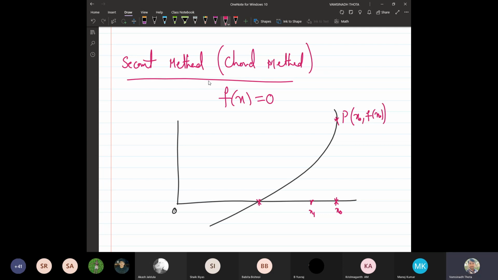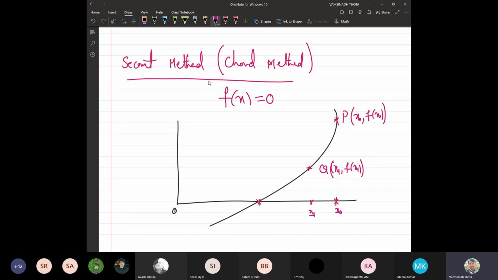And this is x1, so this is the point Q, x1 comma f of x1. Now we join these two, where x0 and x1 are the initial assumptions.